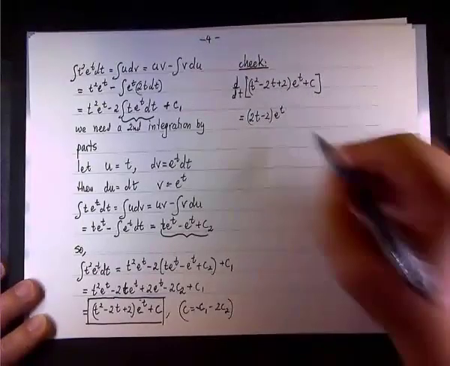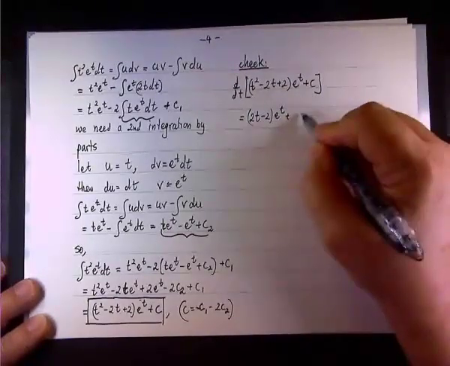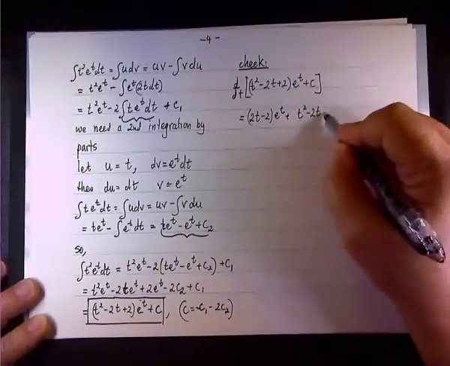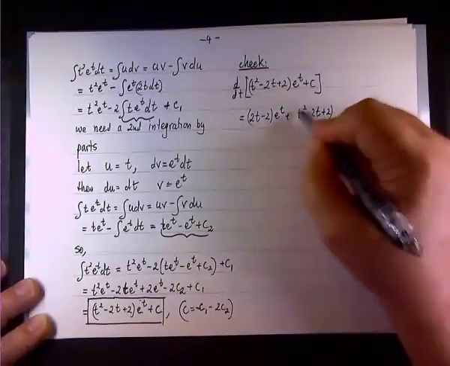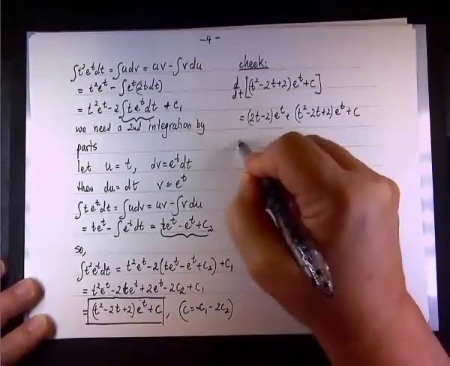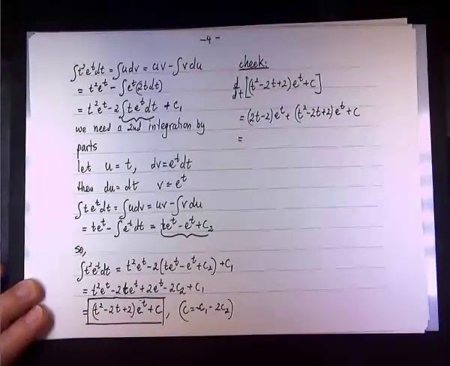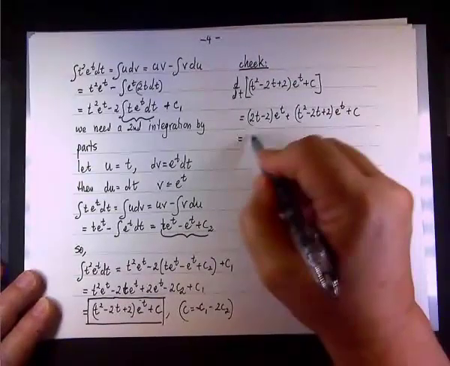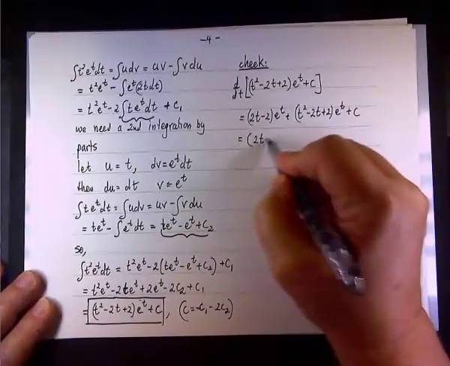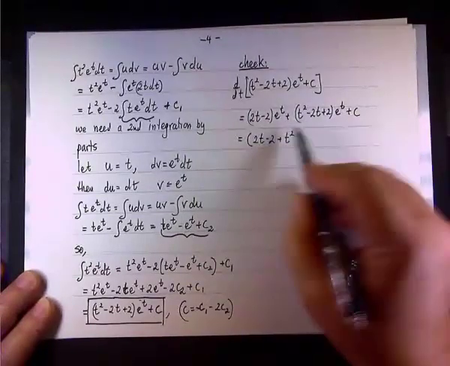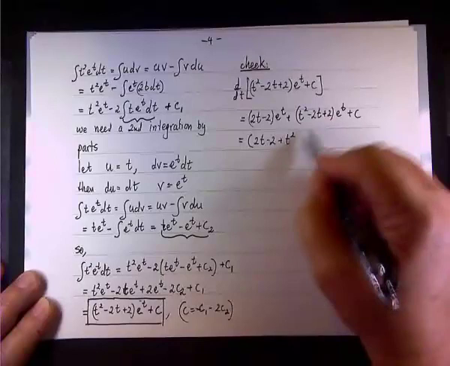And let's see, we have a product rule here. So the derivative of t squared minus 2t plus 2 will be 2t minus 2 times e to the t. And then, since the derivative of e to the t is e to the t, we have plus the same thing we had to start with: t squared minus 2t plus 2 times e to the t, and then the derivative of c is 0, and all I need to do is collect like terms.